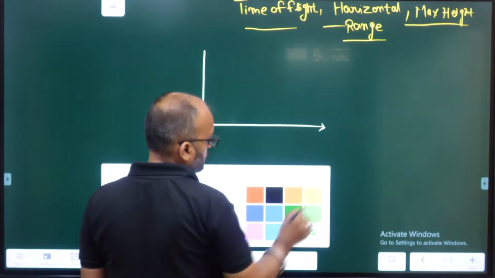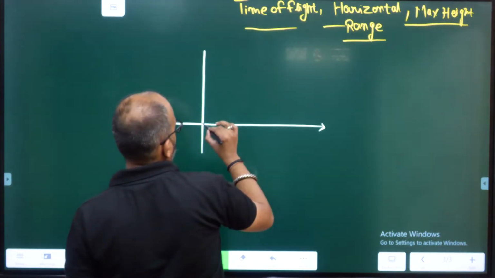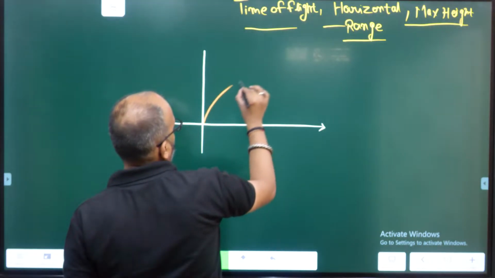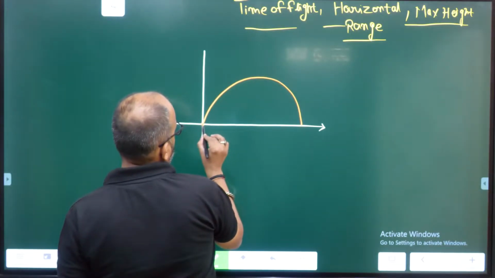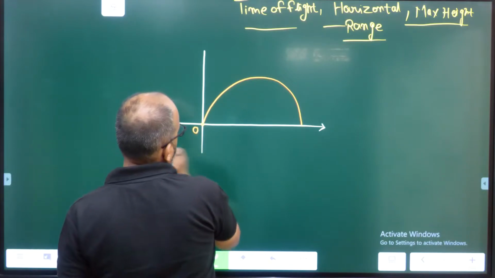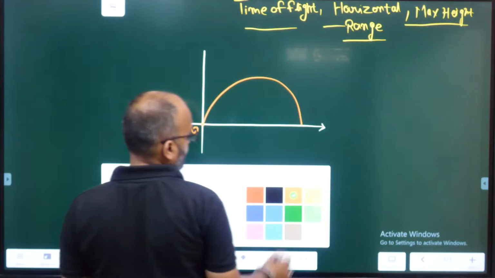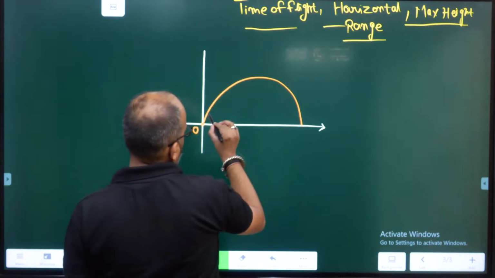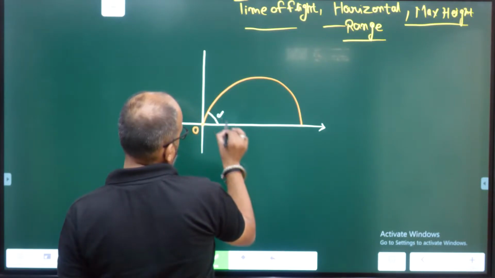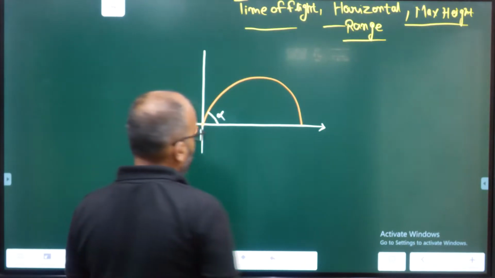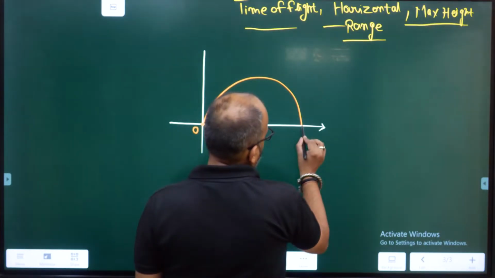So suppose I have a projectile and as you can see this projectile is projected from point O, okay, and it is making an angle of alpha with the horizontal. Fine. It strikes the ground at some point.